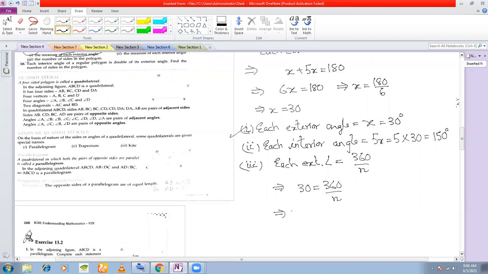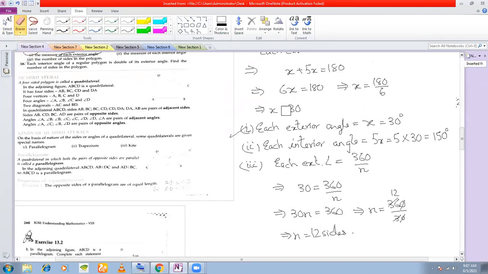That means 30n must be equal to 360, cross multiplication. That means n must be equal to 360 divided by 30, which is 12. So n is equal to 12 sides. Okay, that answers all your questions, first, second, and third.